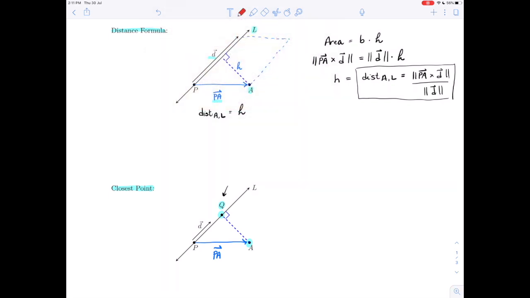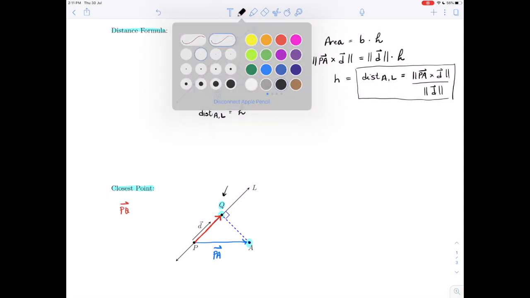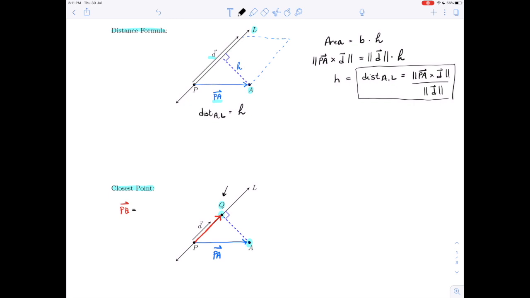Now, if we take advantage of this right triangle, the vector that I have drawn there in red, vector PQ, is exactly the projection of vector PA onto the direction vector D. That's fantastic, because we want to find Q. So the position vector of Q, OQ, which has as its components the same coordinates as point Q, is OP, the point that we can see on the line, plus PQ.